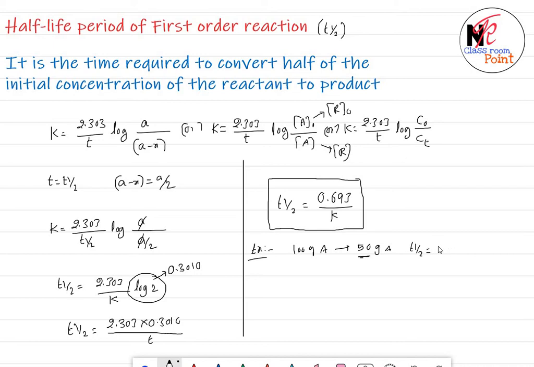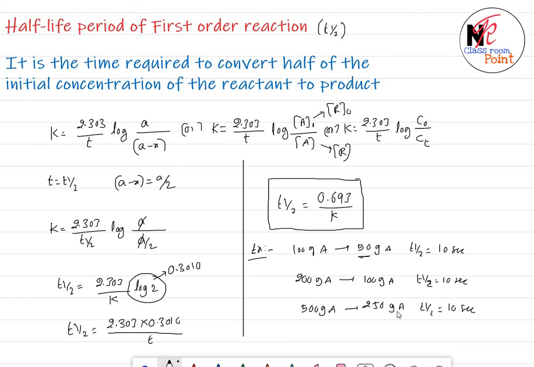The T half is, imagine, 10 seconds. Even if you take 200 grams of A to make it into 100 grams, T half remains the same, that is 10 seconds. Even if you take 500 grams of A to convert into 250 grams of A, again half of the initial value. Do not compare these two; only the initial value, final value, and the time we need to compare. So here again T half remains the same, that is 10 seconds.